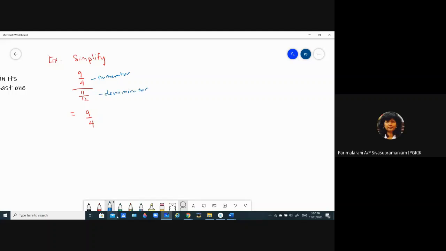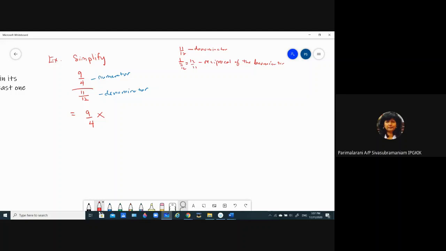So we just write down the numerator and multiply it by the reciprocal of the denominator. If 11 over 12 is the denominator, then the reciprocal of the denominator is 1 over 11 over 12, which is actually 12 over 11.